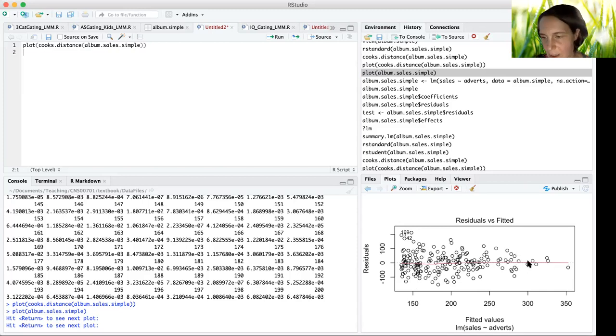On the other hand, there's a concentration of the data in this area here, and very few data points here, which explains why we don't see as much variation around the horizontal line.